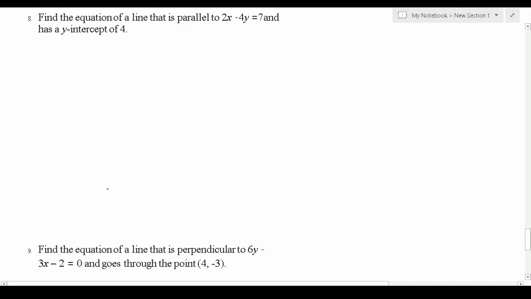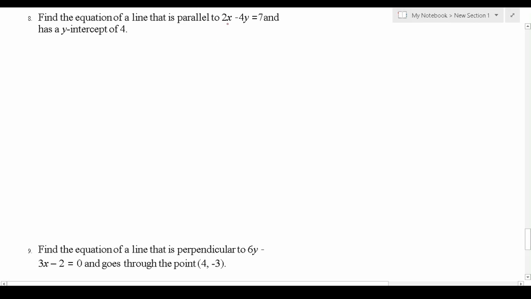All right, number 8 says, find the equation of a line that is parallel to 2x minus 4y equals 7 and has a y-intercept of 4. Okay, so this problem is going to be pretty challenging insofar as it's going to combine pretty much all the concepts that I've mentioned in this video so far into one problem.